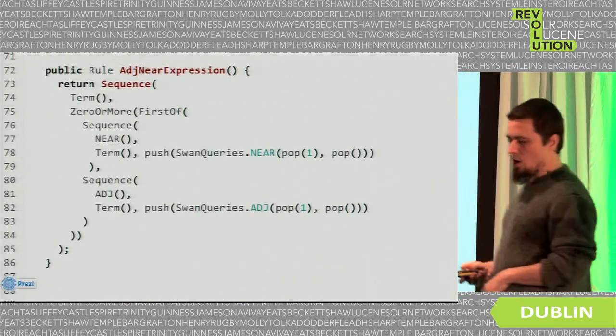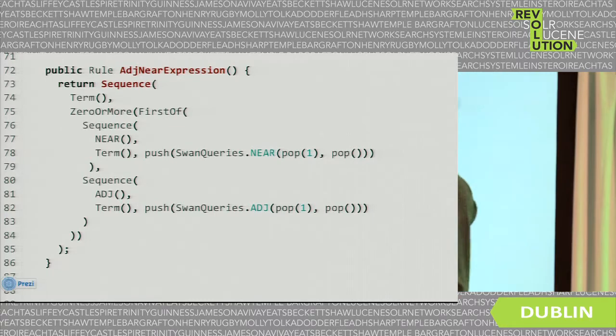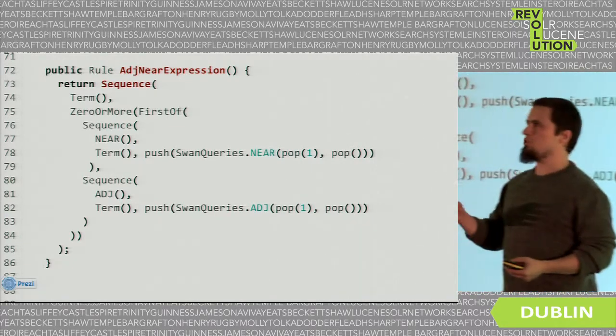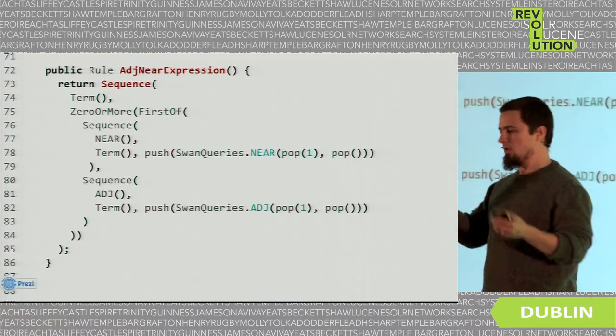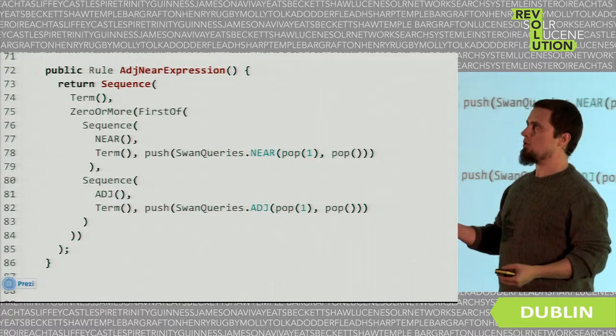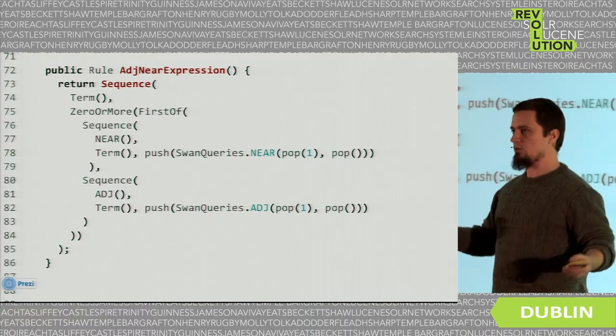Adjacent near expressions are a sequence of a term and some of this stuff. So there's a lot of nuance between, do we have the keyword near? It's not as simple as a plus or minus sign. Does it matter if the people using it capitalize or lowercase, or how many spaces and stuff are in between it?